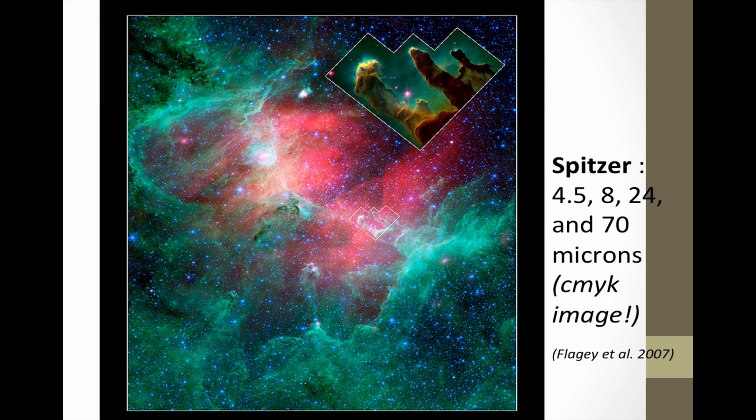That is the larger region taken with a telescope that I work for called Spitzer. And this image is a 4-color image. It's a CMYK image, so 4.5, 8, 24, and 70 microns. But that tiny footprint for the talons of the eagle is that whole image, and you can see Spitzer's got a much larger area. That's what IRAS saw.